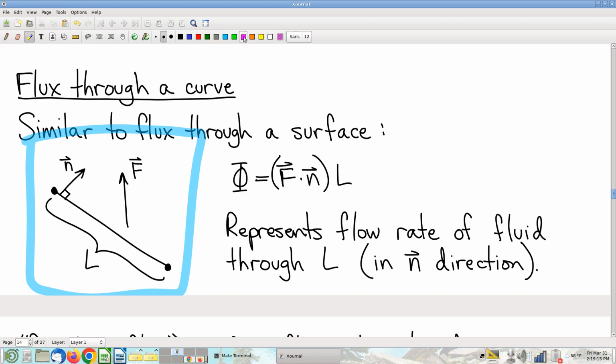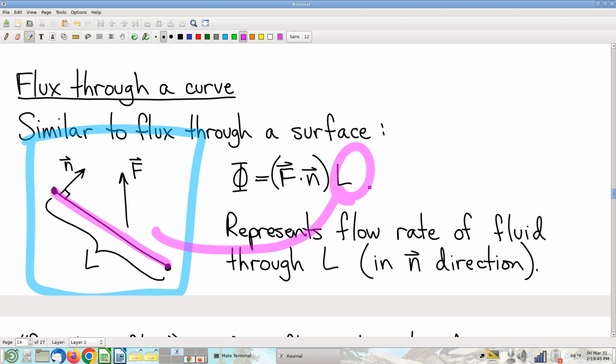The natural extension of talking about fluid flowing through a surface would be fluid flowing through a curve. Let's say in this case, a line. I'm going to leave the details as an exercise, but they're extremely analogous to what we saw in Chapter 3. So this would be a nice practice problem. Notice this is not asking you to extend to a higher dimension. This is asking you to reduce to a lower dimension.